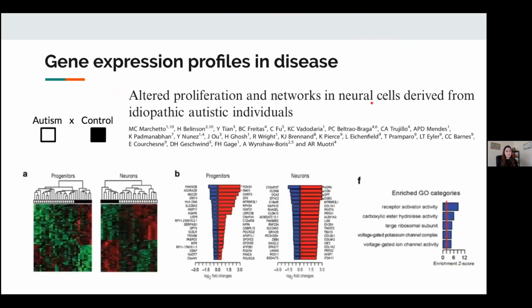And one final example is that you can use all these assays, for example, for creating gene expression profiles in disease. So here I'm showing you another example of this study from a couple of years ago, where they compared neuronal stem cells and mature neurons from both autistic and control individuals derived from fibroblasts.